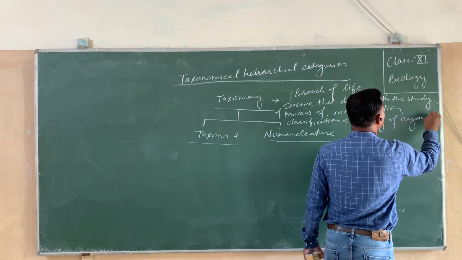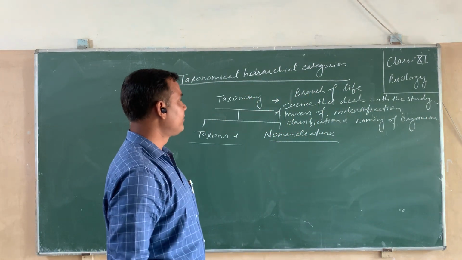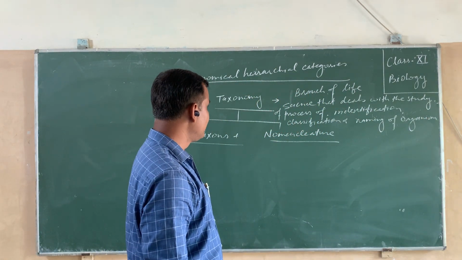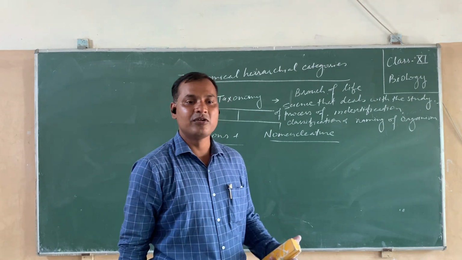So simply we can define taxonomy as a branch of life science that deals with the study of process of identification, classification and naming of organism.